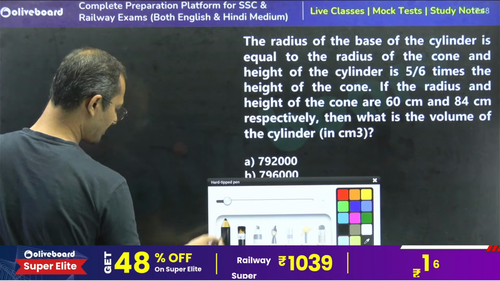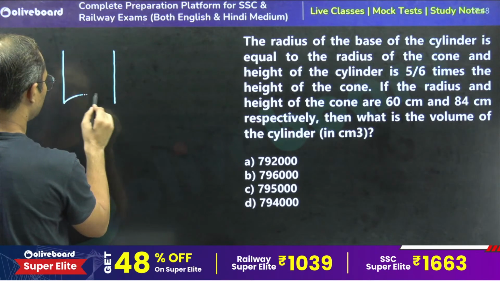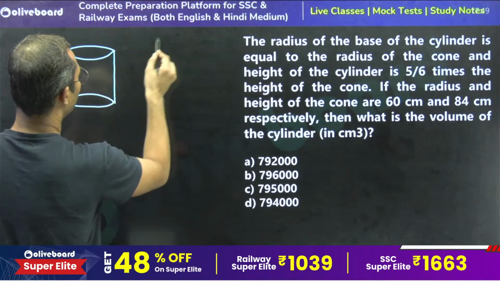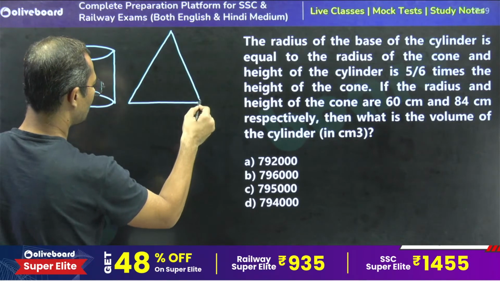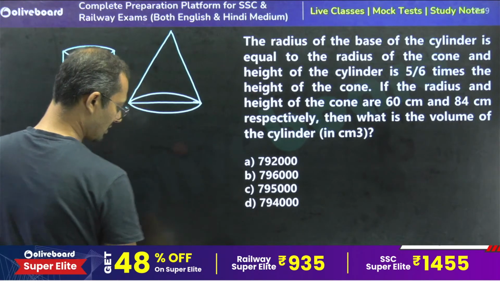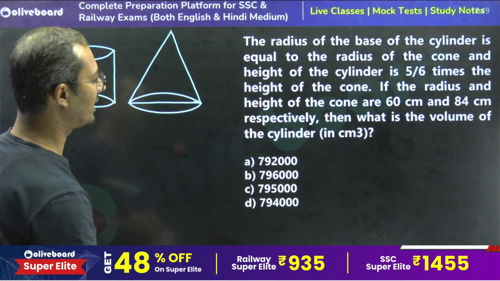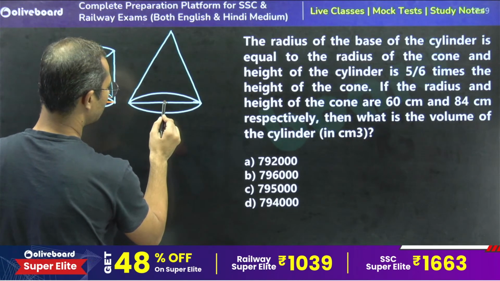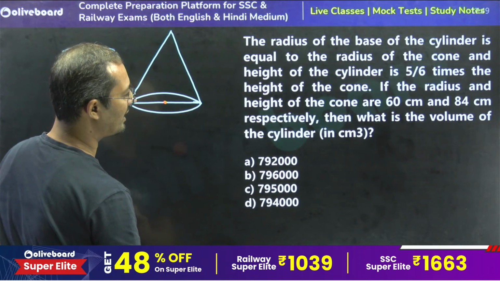So we have a cylinder, and we have one cone, right? So the question is saying the radius of the cylinder and cone is equal, and height is 5/6 times the height of the cone.